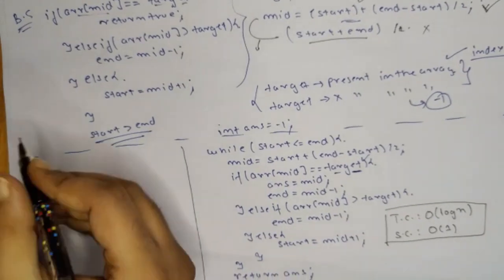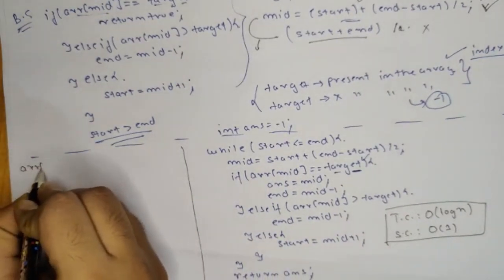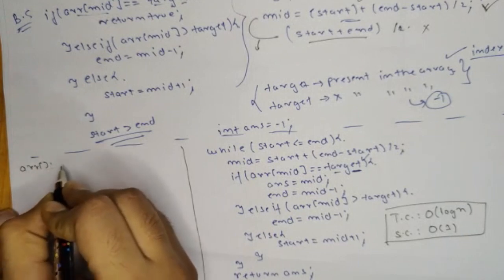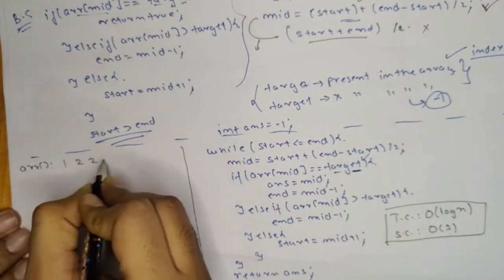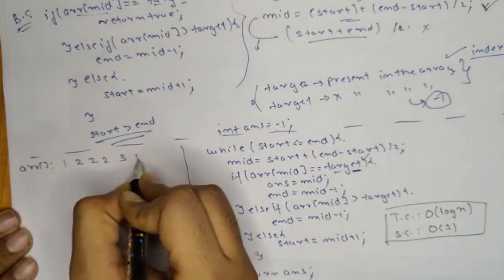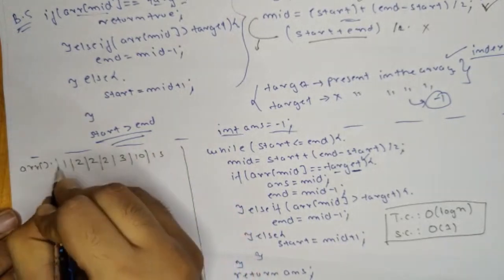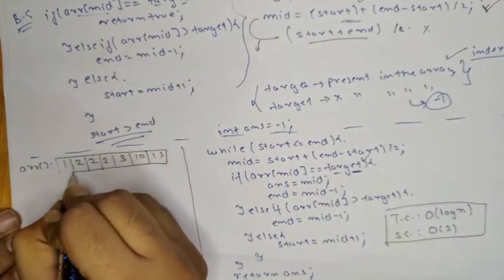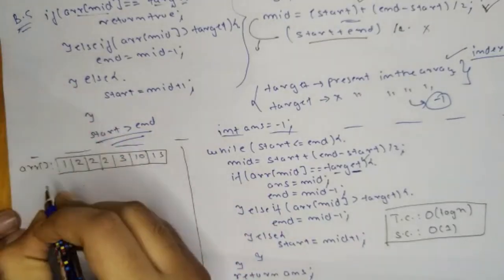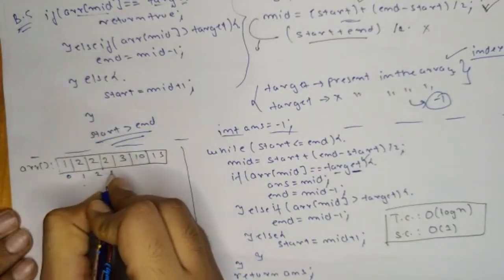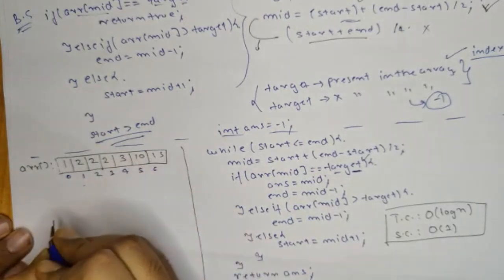Okay, so our array was 1, 2, 2, 2, 3, 10 and 15. Let me separate it, otherwise it will be confusing for you. This is index 0, 1, 2, 3, 4, 5 and 6.